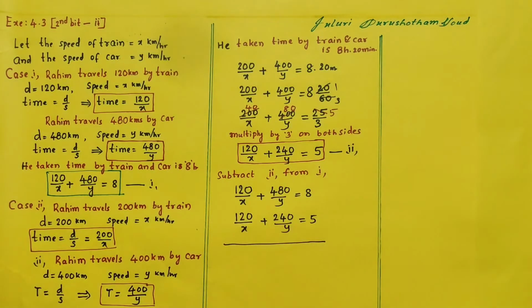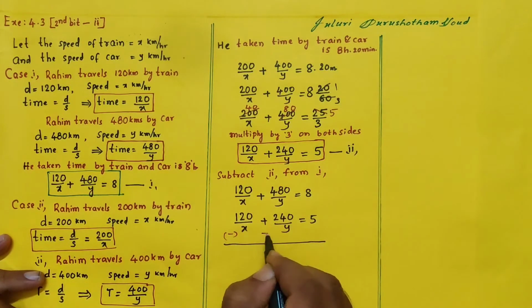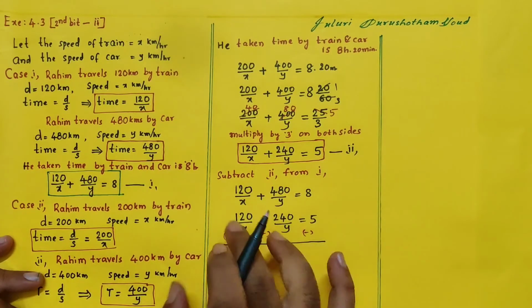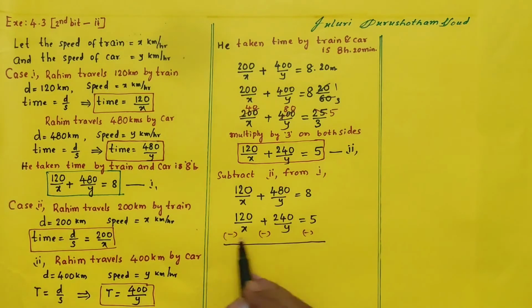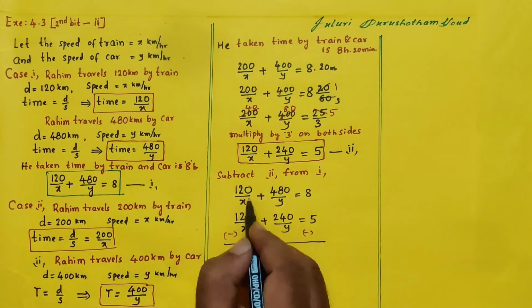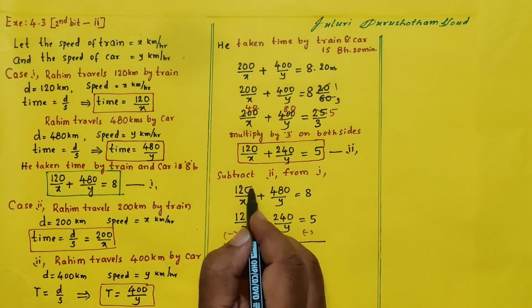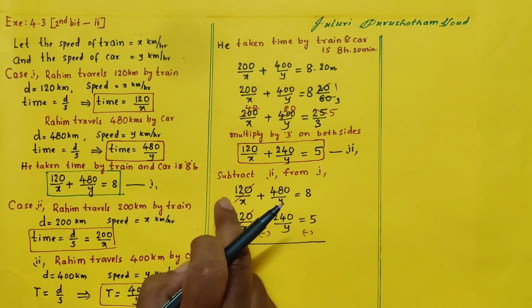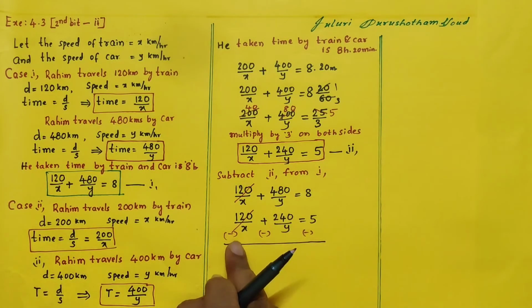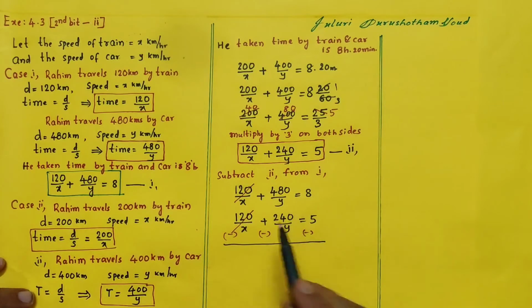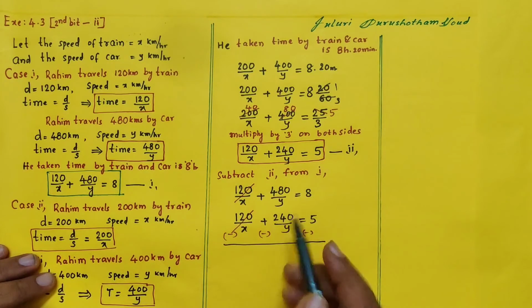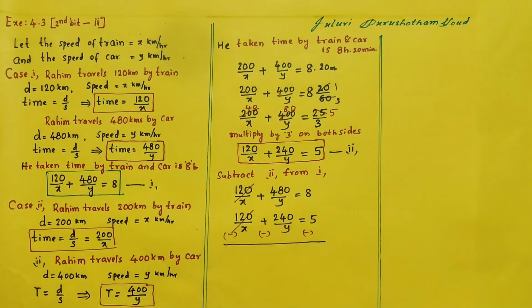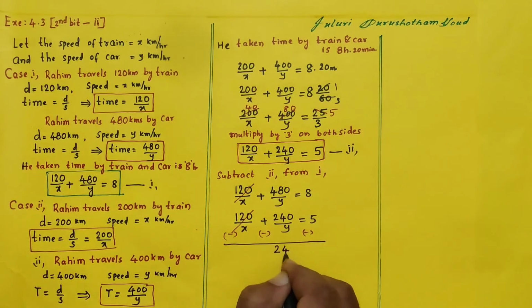If we subtract, the signs will change. How do they change? Only for the lower equation: plus means minus, that is, take the opposite signs. These two cancel, plus 120 by x minus 120 by x. The denominators are the same, so we get 480 minus 240, that is 240 by y.